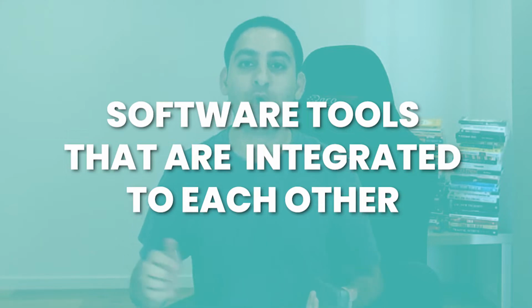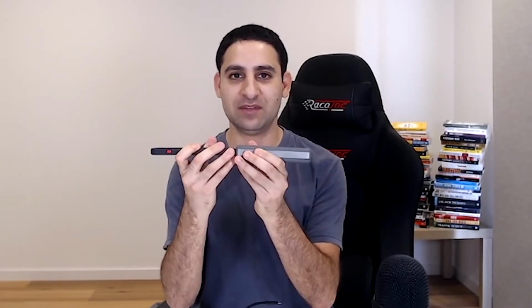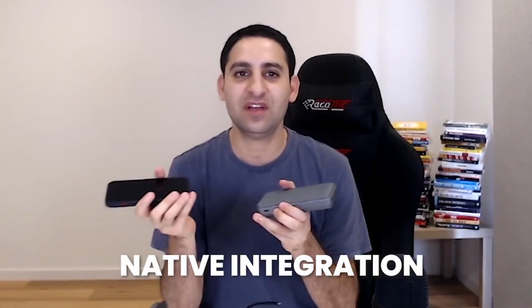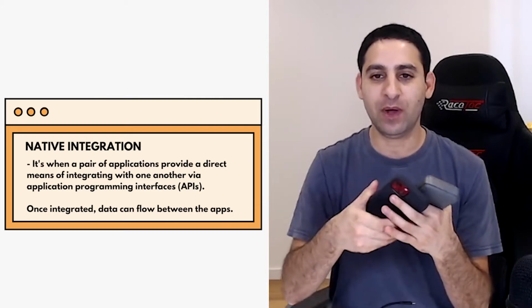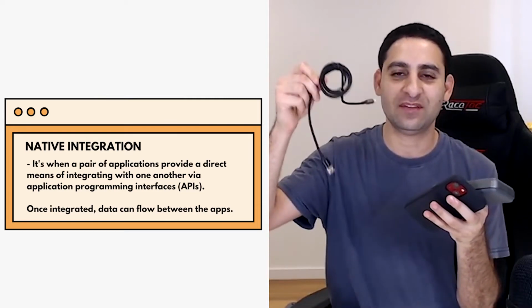Now, there are other software tools that talk to each other directly. What it means is that there is already an integration, so those two can connect automatically. This is what is known as a native integration, an integration that doesn't require a third-party tool like Zapier.